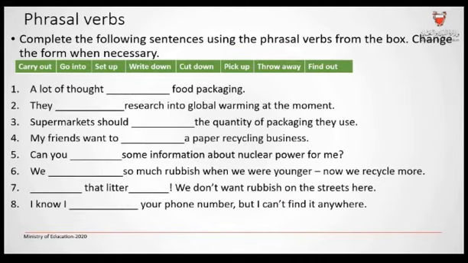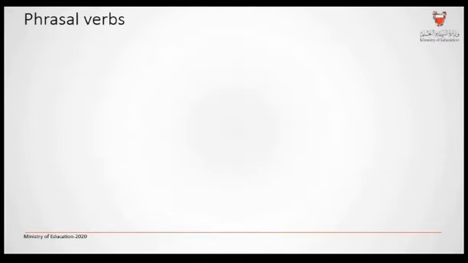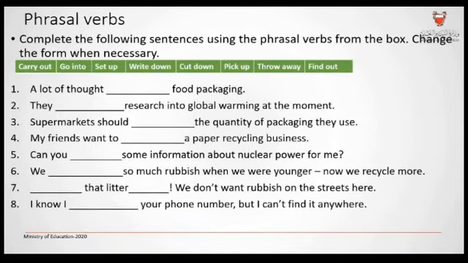Sometimes it might be present continuous, it might be past simple, etc. So you will have 6 minutes in order to complete these 8 sentences with the correct phrasal verb, and don't forget to change the form when necessary. If it's not necessary, then don't change it. All right then, you have 6 to 7 minutes to complete this exercise.